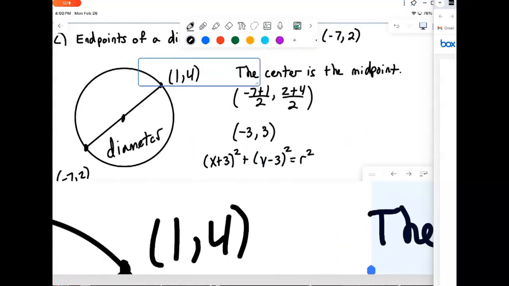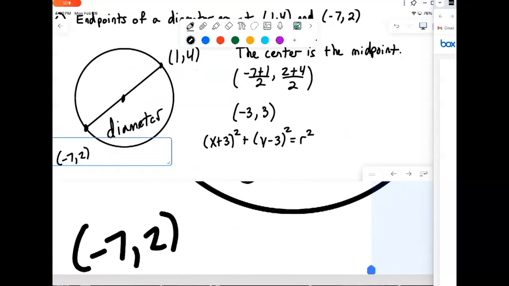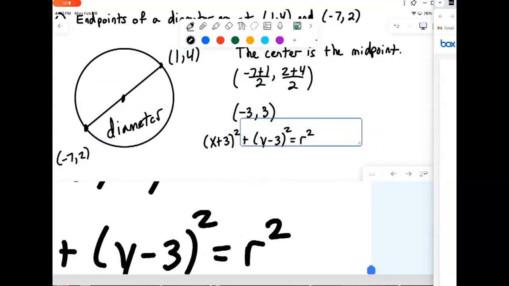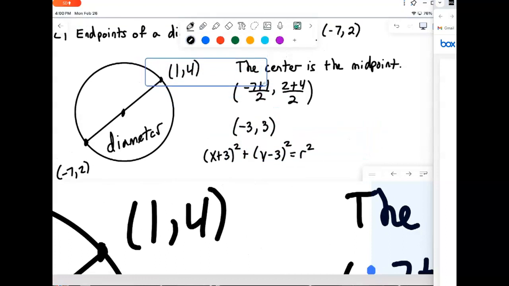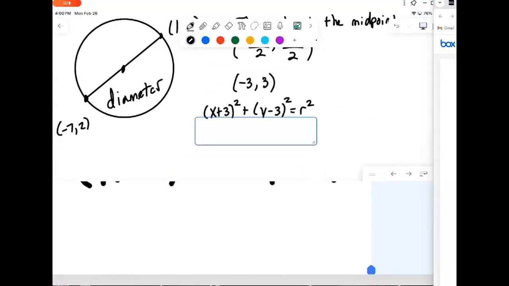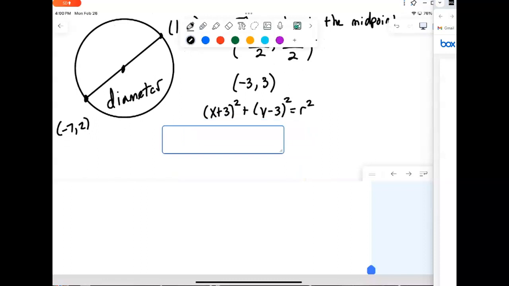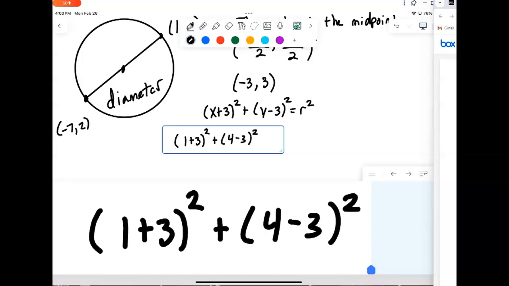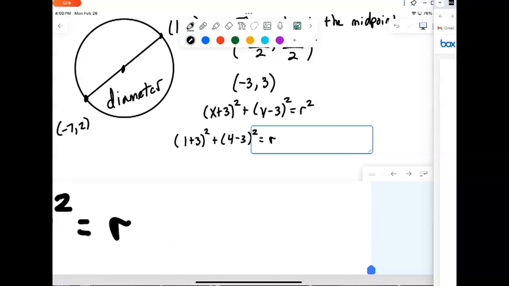We have a point there, (1, 4). We actually have another point, (-7, 2). We can use either one of those to plug in to find r squared. So I'm just going to take the first one, (1, 4). Plugging in the point (1, 4), I'll have (1 + 3) squared plus (4 - 3) squared equals r squared.